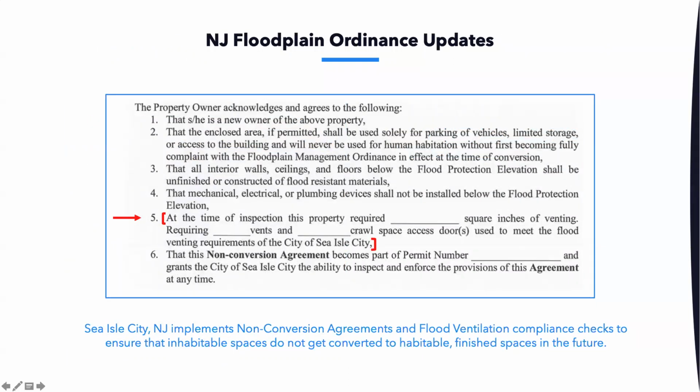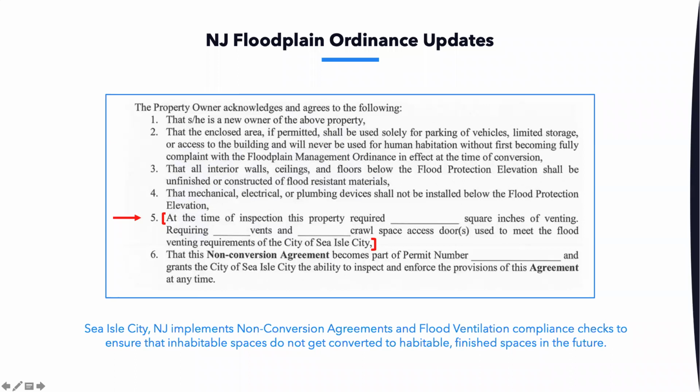And then lastly, we have another example from our friends at Sea Isle City. Sea Isle City is now requiring, at the time of new construction, a deed restriction placed on the property. Any part of the structure that is below the base flood elevation cannot be used for living space.